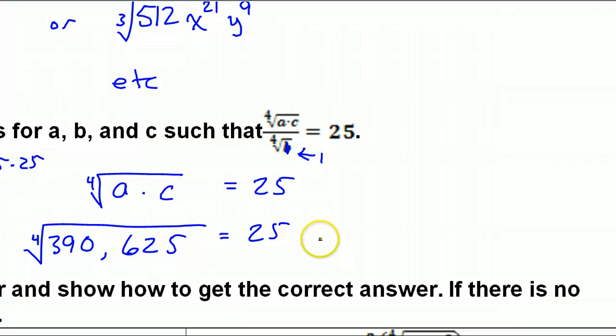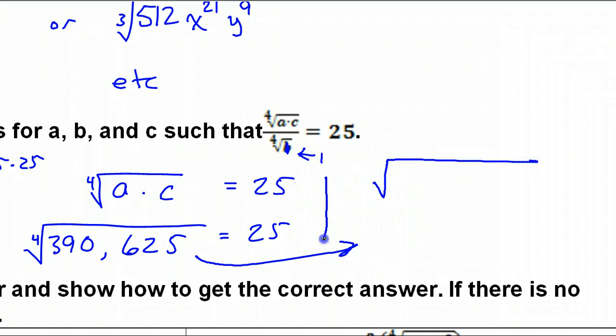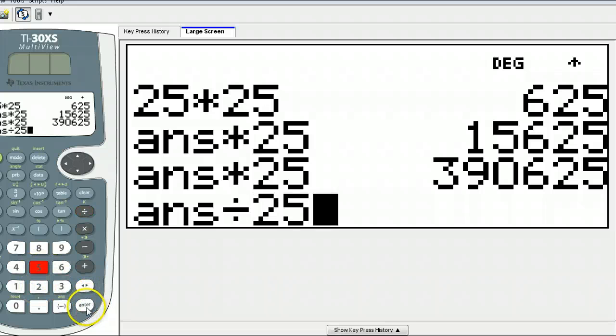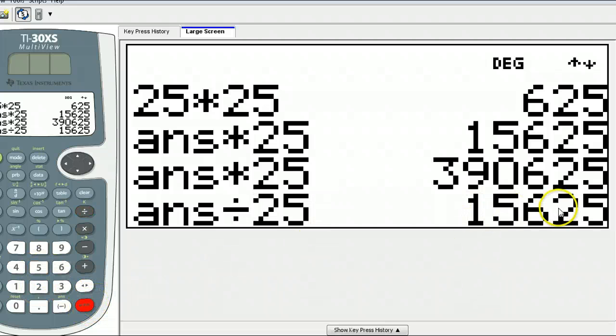I'm rewriting it as the fourth root, but instead of this big number, I'm going to rewrite it as 25 times whatever else. If I take this big number and divide by 25, I'm going to get back to here.